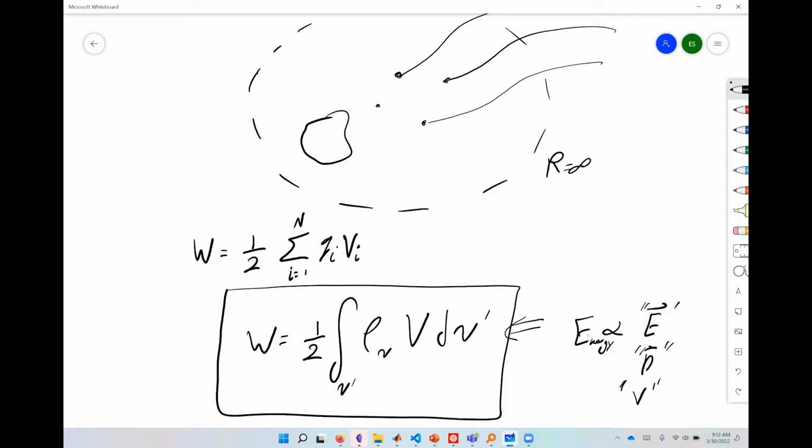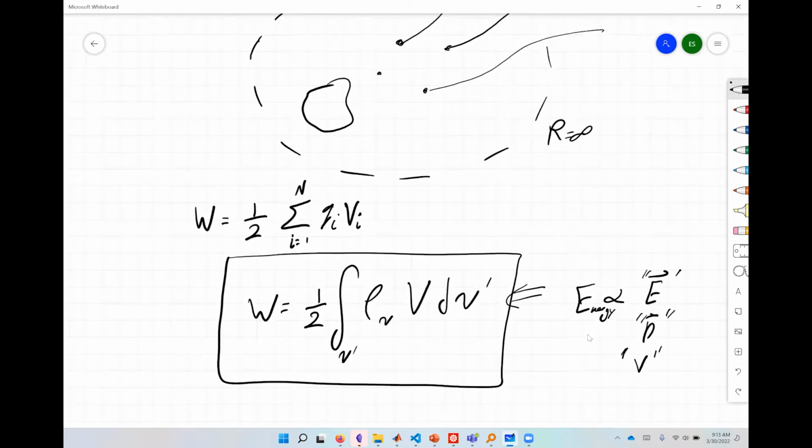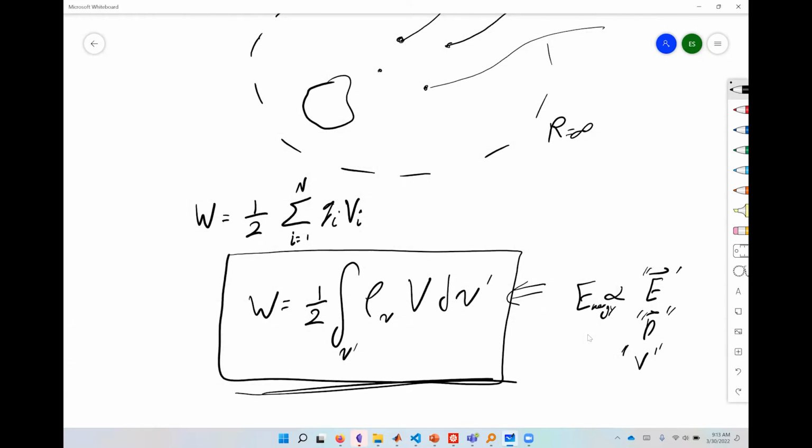So here, instead of having a mixture of charge and voltage, rho V times V, can we describe energy as a function of only the field? Because it is the field that acts kind of like the spring in a mechanical system. It is the field that really holds the energy. Okay, and to conclude our discussion on energy, this is what we will go through today.